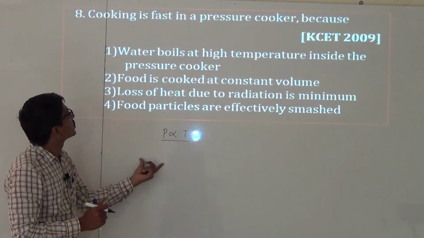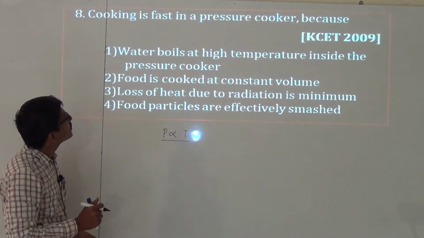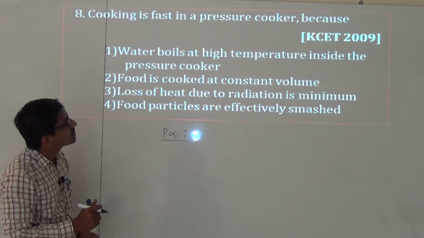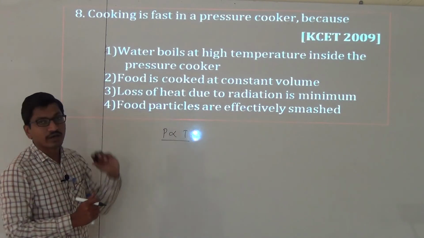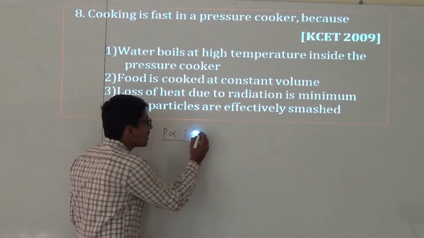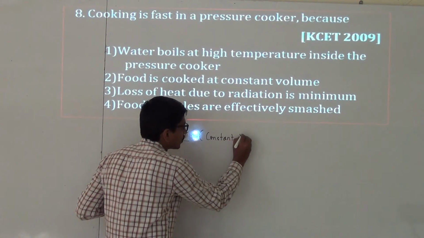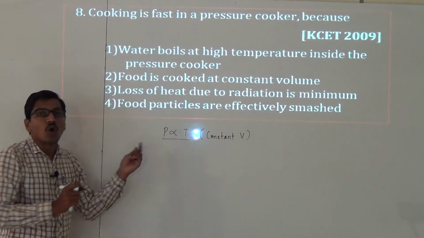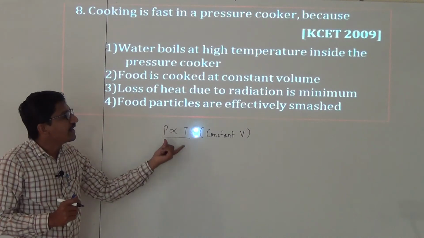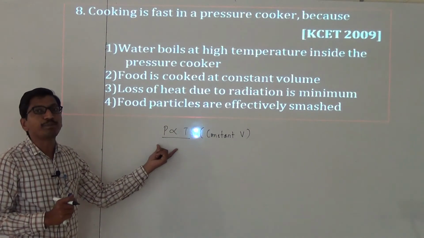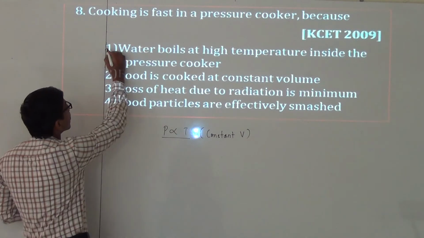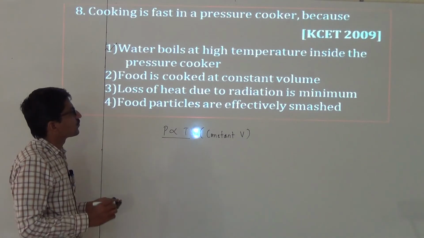The correct option is water boils at high temperature inside the pressure cooker. Inside the pressure cooker means constant volume, and then water boils at high temperature inside the pressure cooker. Correct option is first one.